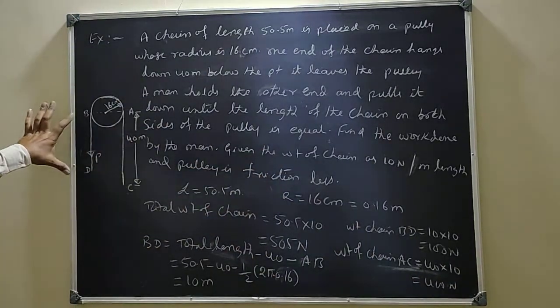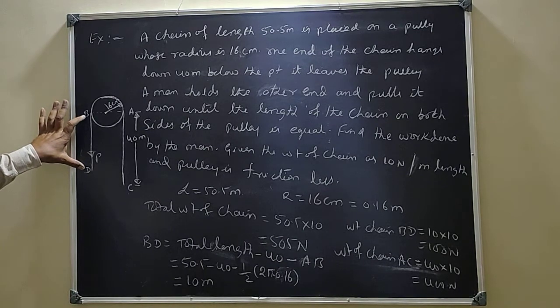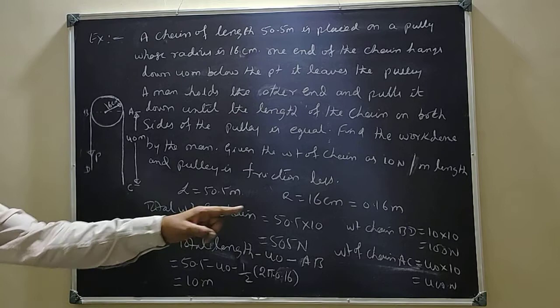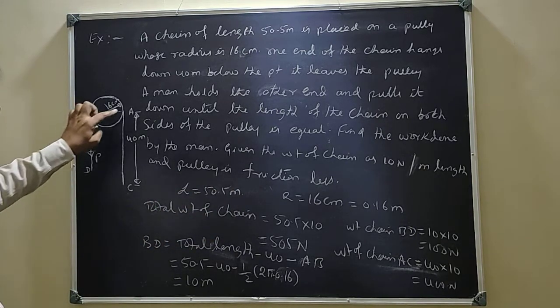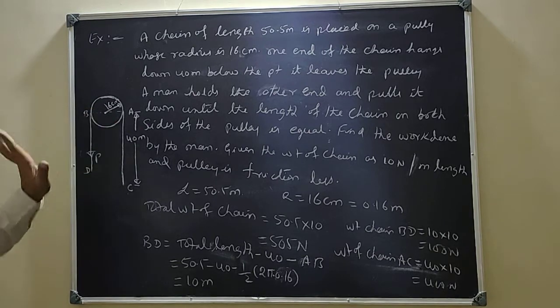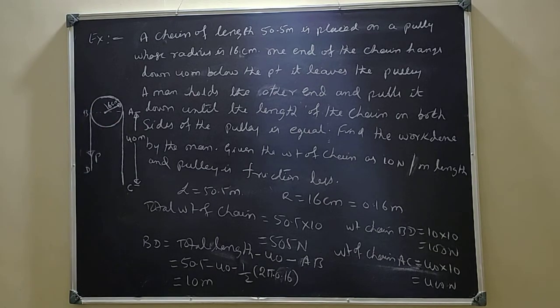That means this length what you have calculated is 10 meters, so per meter length it is 10 Newton, so you will get 100 Newton is the weight, and on the other side 40 multiplied by 10 it will be 400 Newton is the weight of the chain on AC.